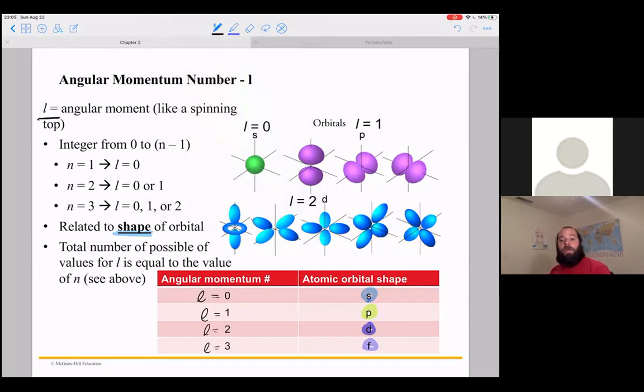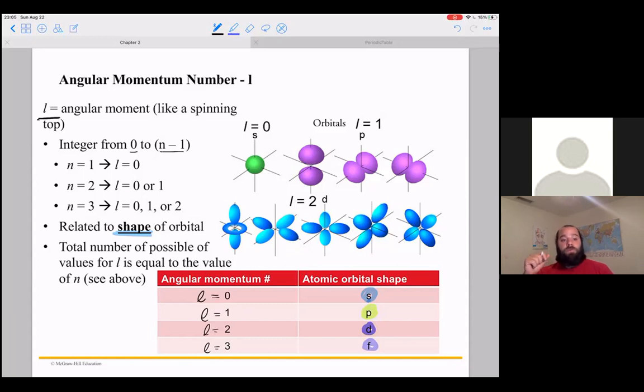Okay. There are rules: given a value of n, L can be any integer from 0 to n minus 1. So given a principal quantum number, there are rules for what values of angular momentum quantum number are allowed. Again, anywhere from 0 to n minus 1.